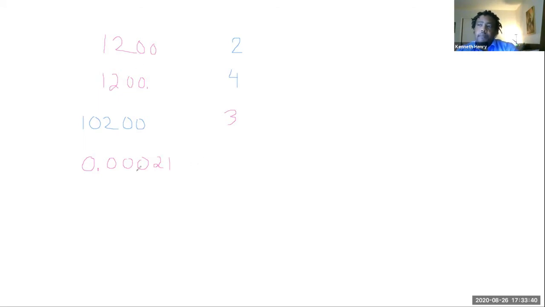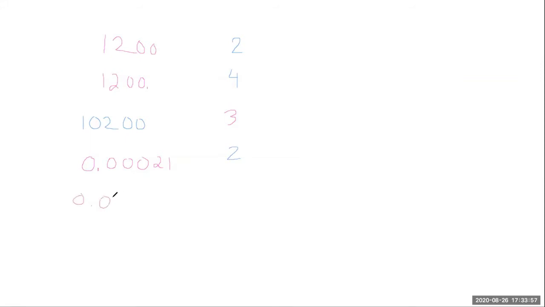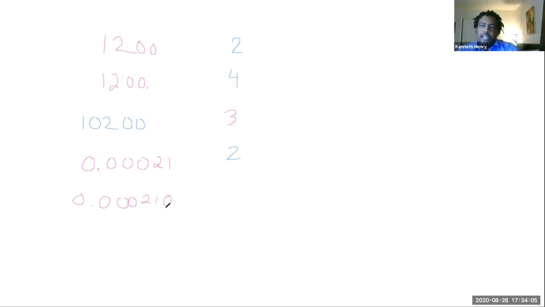Okay, so how many significant figures do I have here? 2. That's correct. Now, once I do something like this, because we already have the decimal up here, this tells me that this 0 is significant.